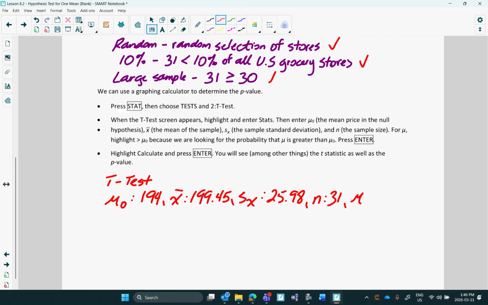And what are we trying to prove? Greater than the null mean. And then, of course, you'd go to calculate. And, of course, we should get pretty much the same answer as when we did it the long way.